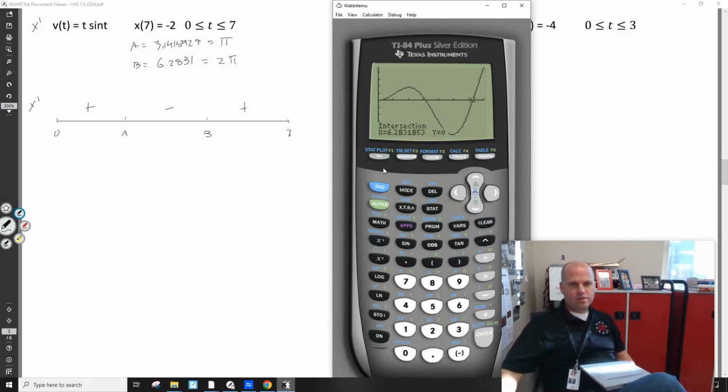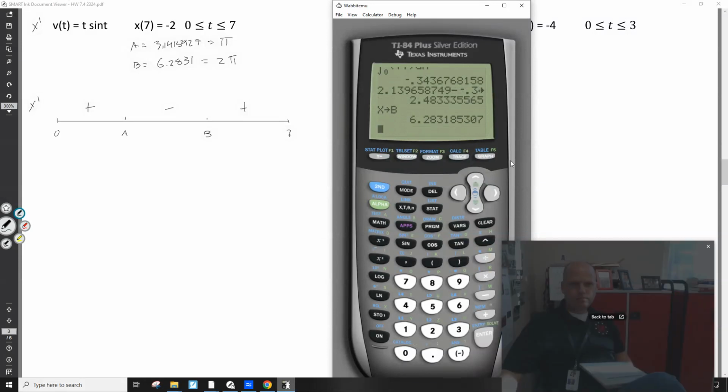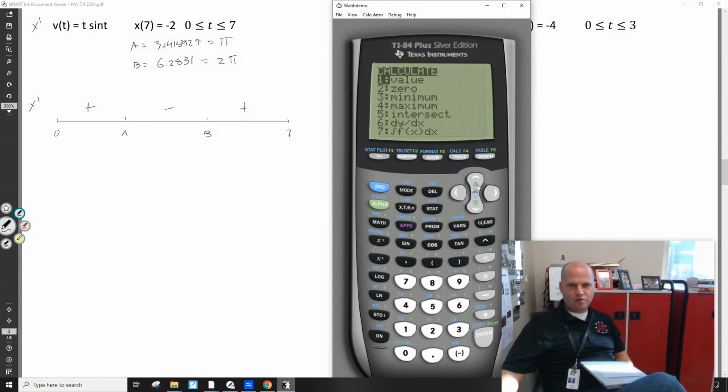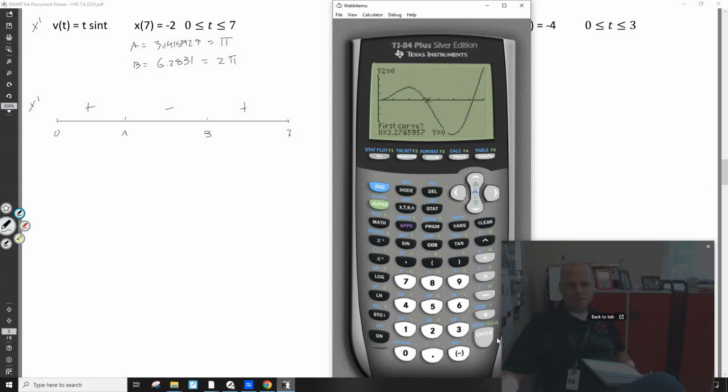I'll store it anyways. I forgot to store B, A. Just to remind you, after you find the intersection, don't forget to store it. This intersection, which is pi, don't forget to store it.